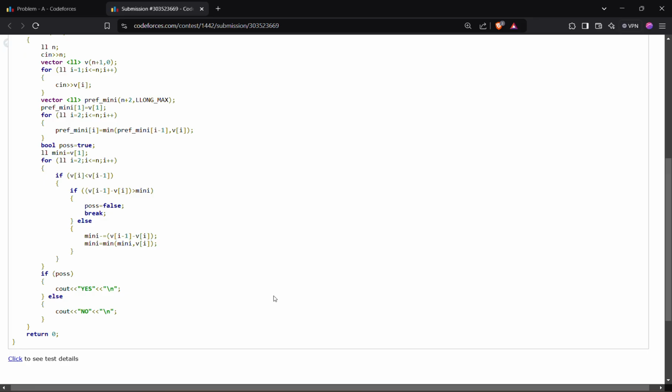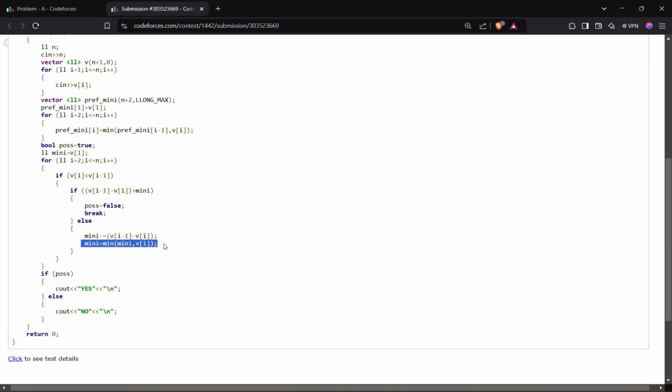Okay, so yes, and whenever there's a dip, if that part is greater than minimum, so our dip should be less than or equal to minimum, otherwise it will go below 0. In that case, possible will be false, and we will break out of the for loop and directly head to outputting the things. And minimum minus equal, so that is basically the dip that minimum will be bearing on its head.